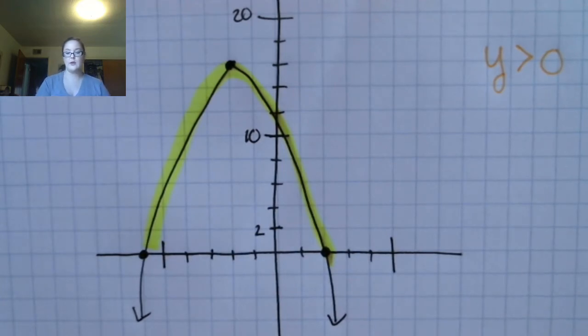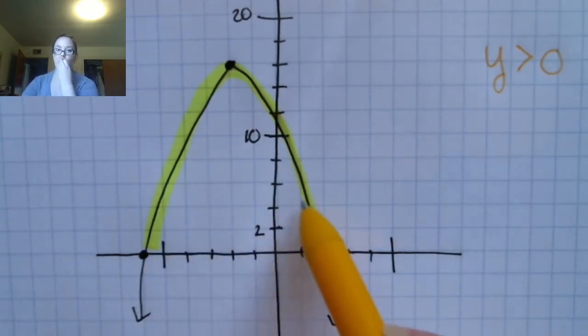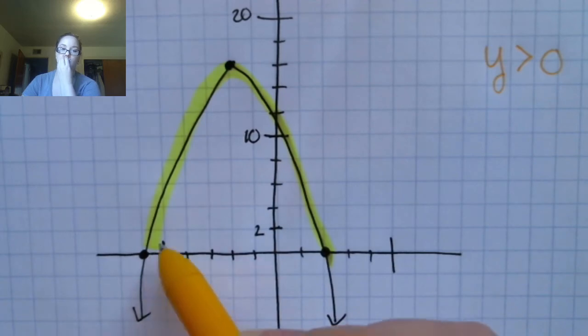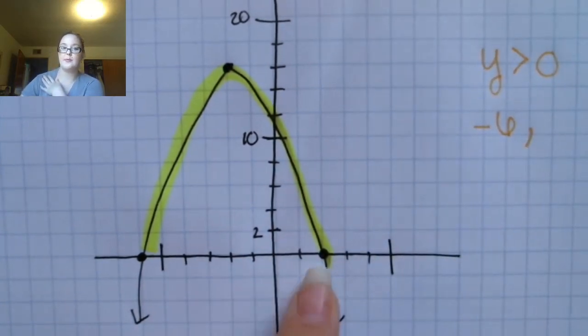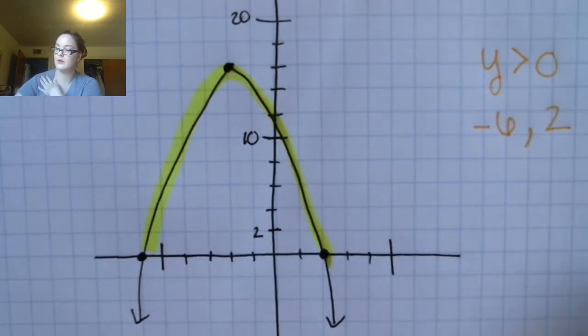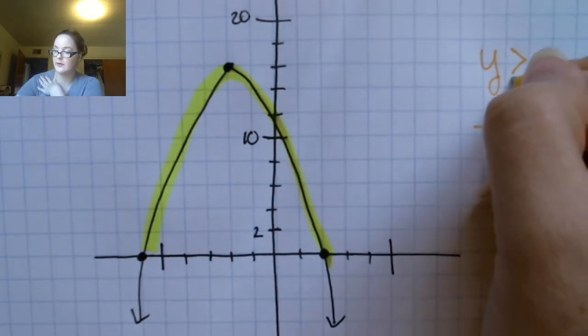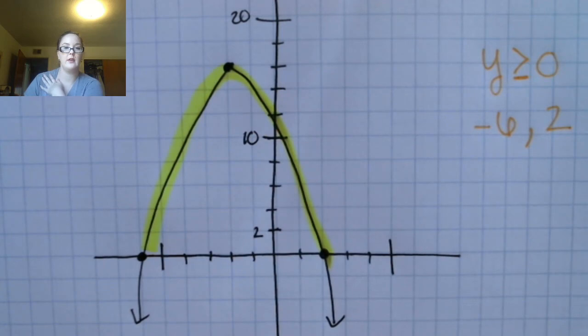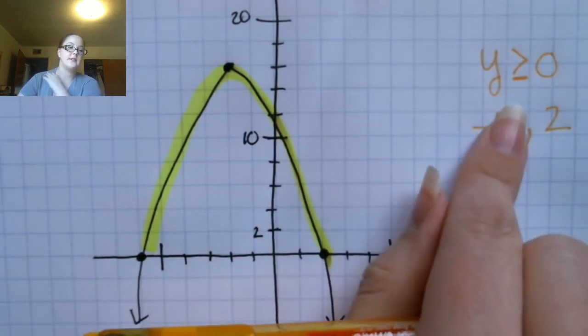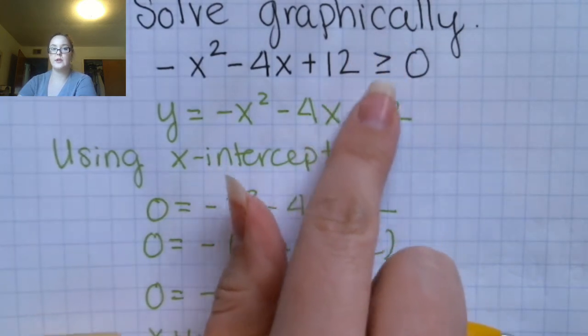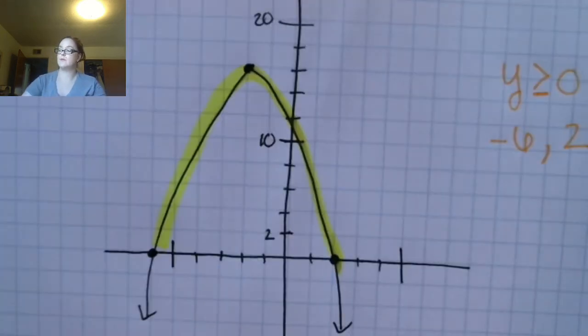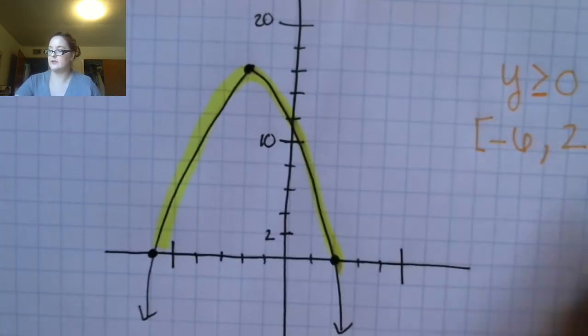Okay, and we're going to give the x values that go with that. So they start here at -6, and they go up to 2. Okay, ooh, should be greater than or equal to 0, sorry. Okay, and because it's or equal to, from the original question, we know that we're going to use brackets.